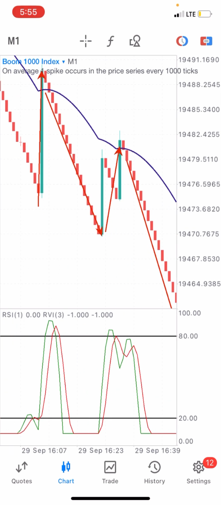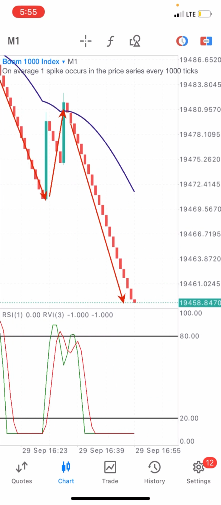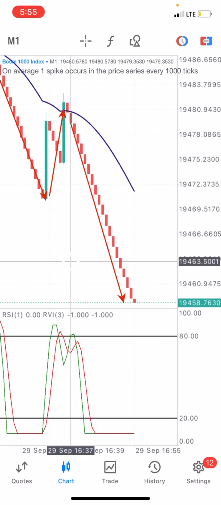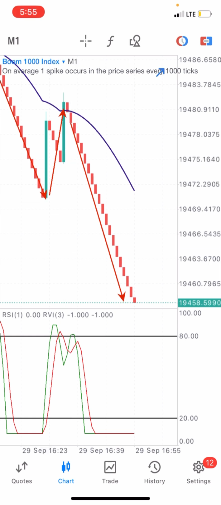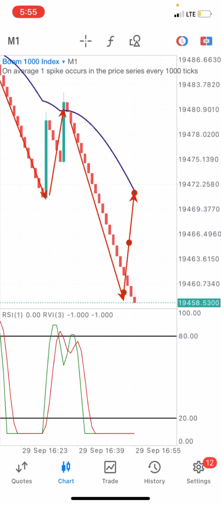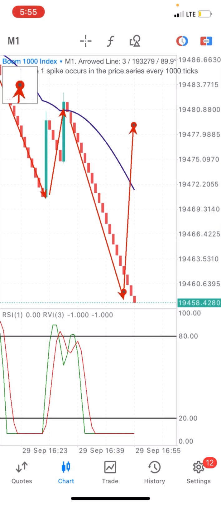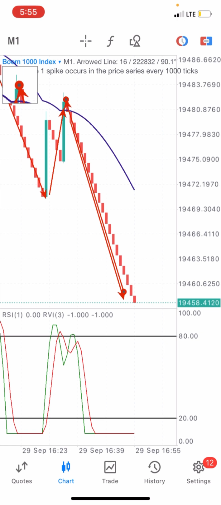All right, so all you need to do is wait for price to come back to it, right? Wait for price to come back to it. Like right now, you don't need to enter a trade until you see that price has come back into your moving average area. And then if it doesn't break out, a great deal, yeah, might be a fake out like what happened here, right?